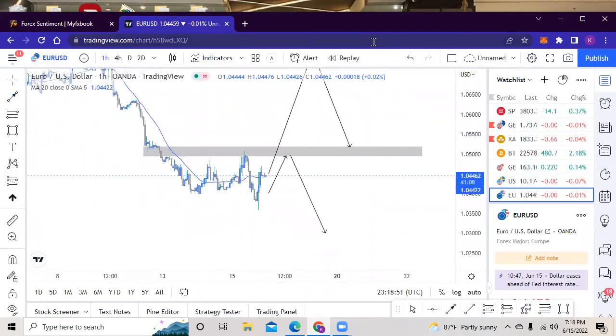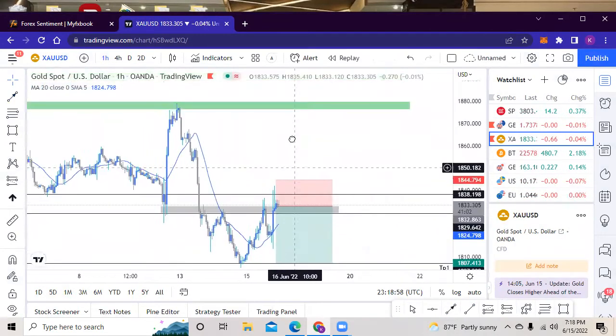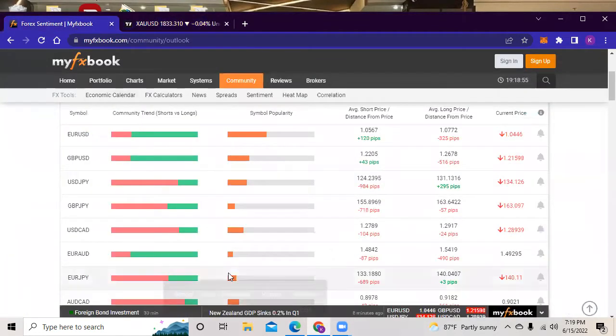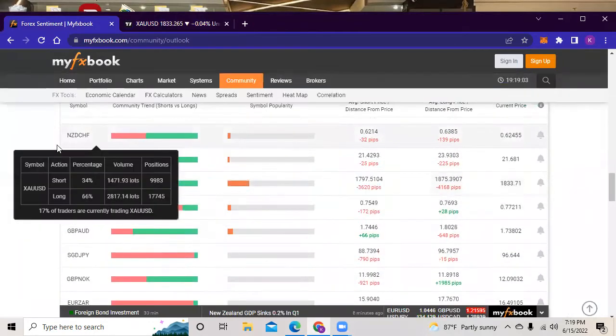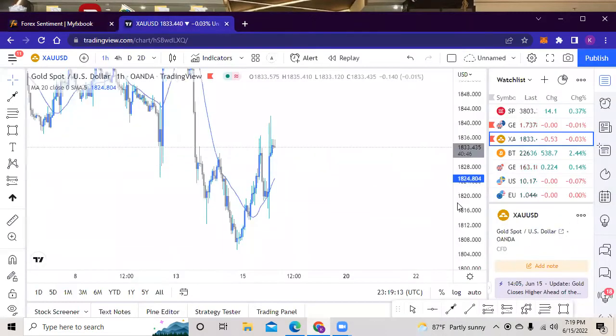Let's look at something else. I'm actually in a position right now. I was looking at gold. Been kind of staring at this all day, but a lot of news been coming in. So let's look for gold. So we have XAU USD, majority of traders are long. So you're looking to go short, right?